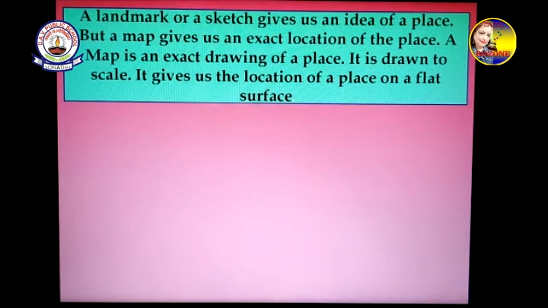A sketch is a rough idea of a place, and we don't make it with scale, but a map you have to draw properly with your scale. It gives us the location of a place on a flat surface, and this is the difference between a map and a sketch.